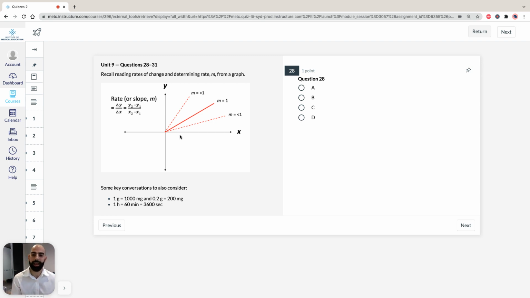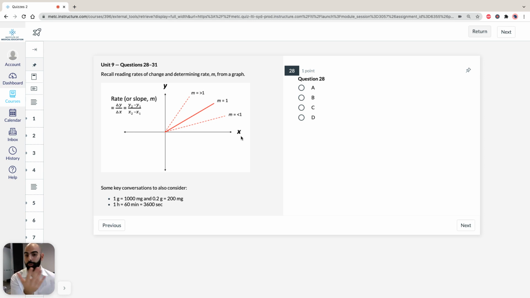So as the slope gets steeper, the y value increases larger than the x value. But if we flip it and go to the other side where the gradient is getting lower, you can see that the x value is getting bigger.